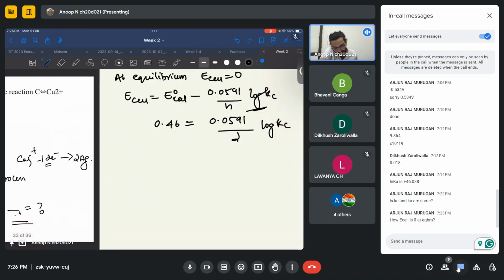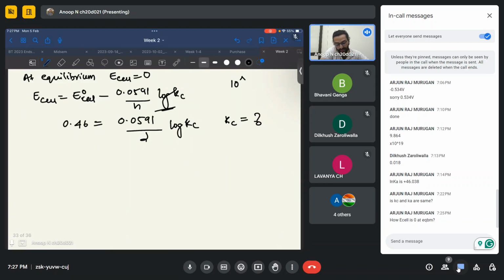So using that, you can substitute the value: E cell is equal to E0 cell minus 0.059 by n log Kc. From that you can get Kc. So Nernst equation is coming. In that case, I'll show you clearly why at equilibrium, what happens. It's a direct substitution only problem.